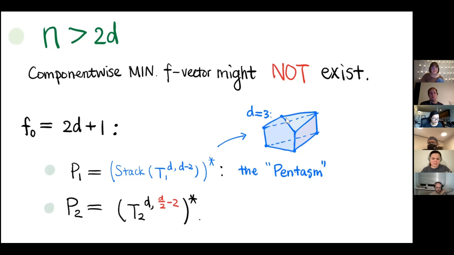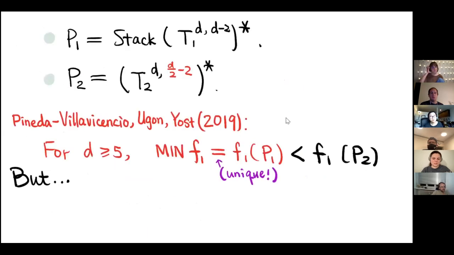And P2 is another polytope in Grünbaum's family. In particular, P2 is only defined when d is even. They both have exactly 2d plus 1 vertices. In the same paper from 2019 on edge numbers, Pineda-Villavicencio, Ugon, and Yost showed that when d is at least 5, P1, the pentasome, is the unique minimizer on edge numbers.